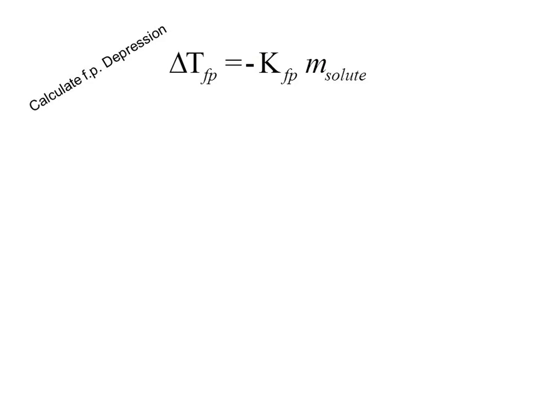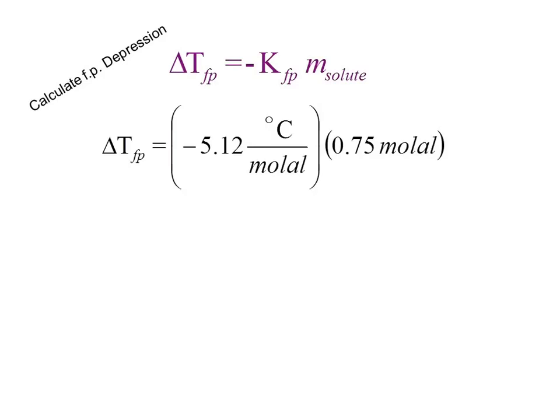A freezing point depression equation looks like this with a negative sign. And that's the way it is on your sheet for tomorrow. The delta TFP, that's what we're solving for this time. So we pick up the KFP from the chart. The freezing point depression constant for benzene is negative 2.15 degrees Celsius per molal of solute.